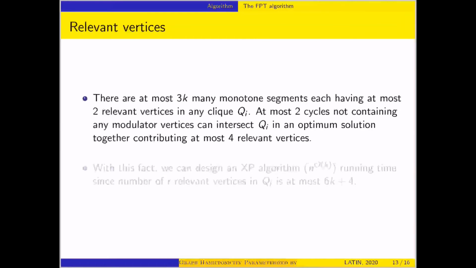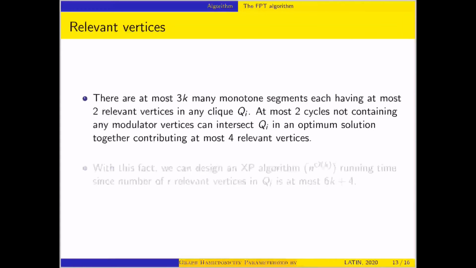So, we have a total of 3k many monotone segments. Each of them can have at most 2 relevant vertices inside a clique. So, the monotone segments can have at most 6k many relevant vertices, and in a clique there can be at most 2 cycles that together intersect a clique and that do not contain any modulator vertices.